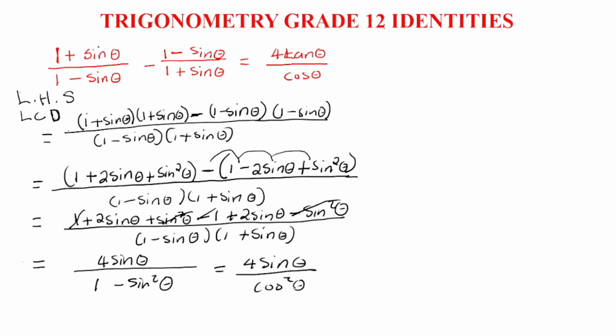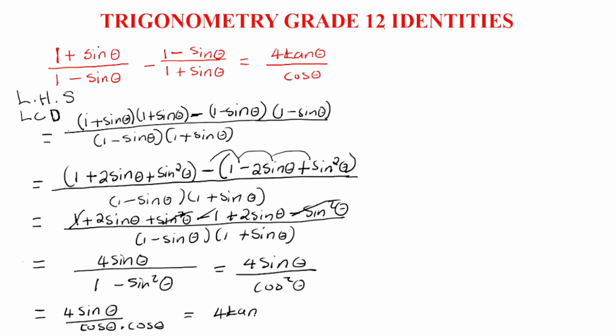Now what you are going to have is 4 sine theta all over cos theta, times 1 over cos theta. And then sine theta all over cos theta would give us what? Tan. Thank you. Well done.